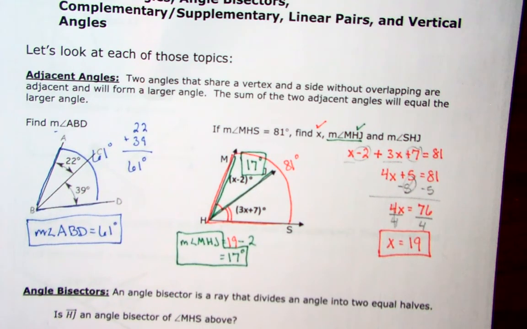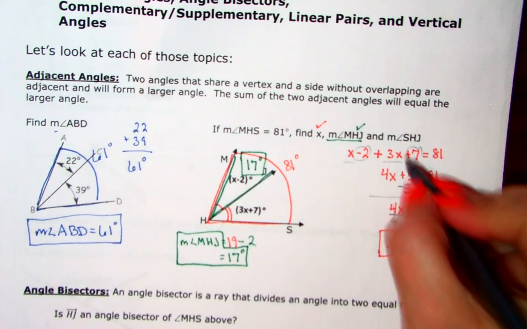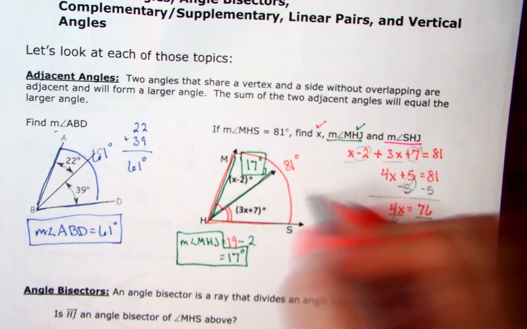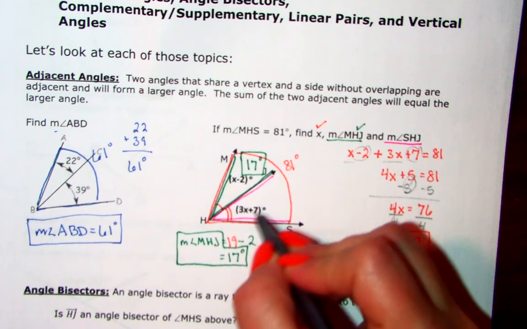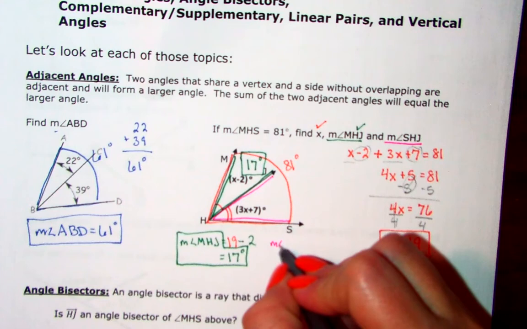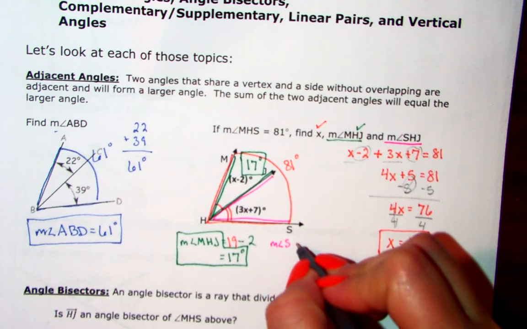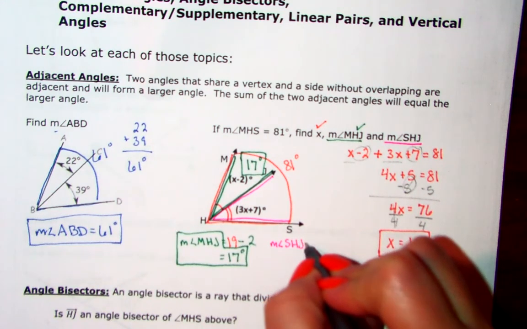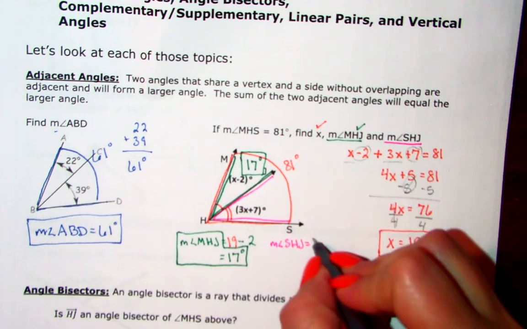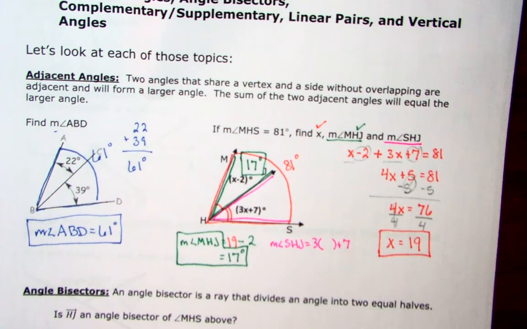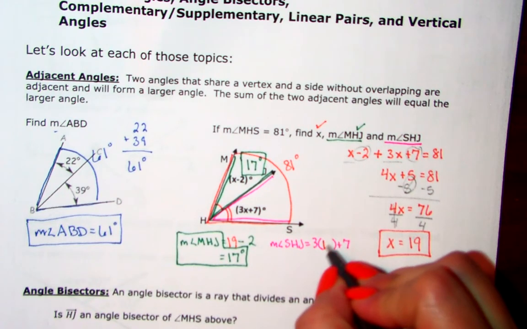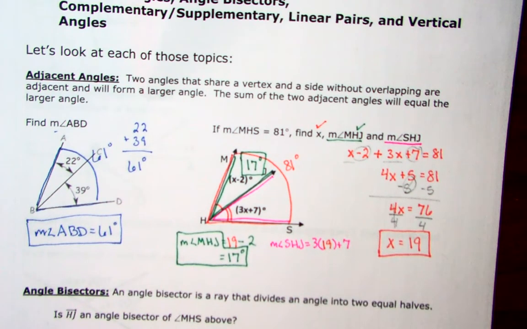All right, the last thing it wants me to find is the measure of angle SHJ. HJ is this bottom piece, and the measure of angle SHJ is 3x plus 7, and we found x to be 19.